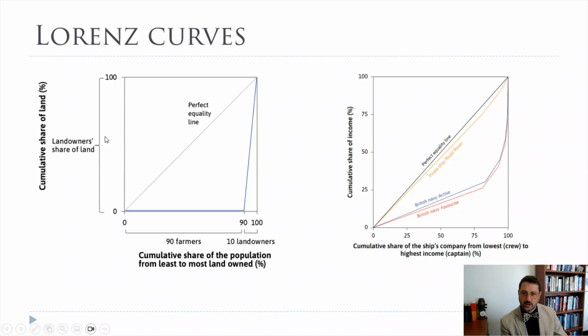And what's here on the vertical axis is cumulative share of whatever we're measuring. So in this case, it's the cumulative share of land. And we're cumulative, meaning we're adding it up as we go along, right?